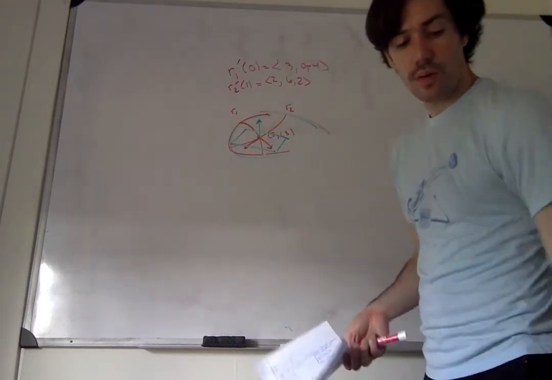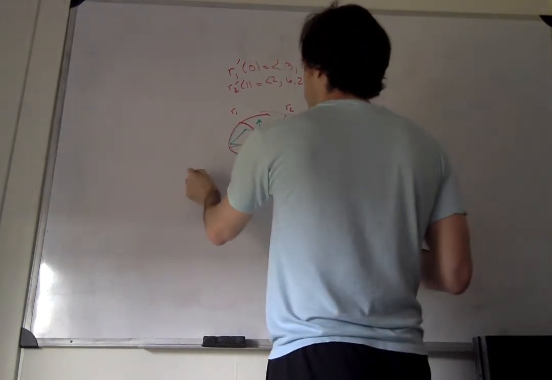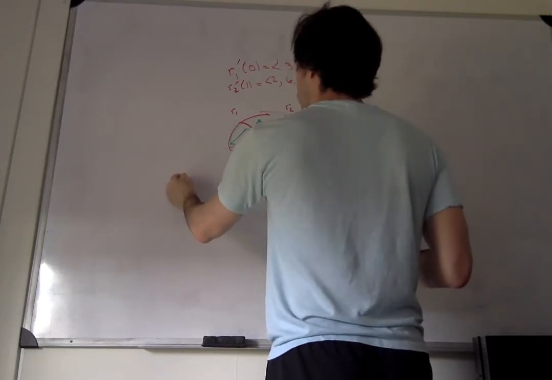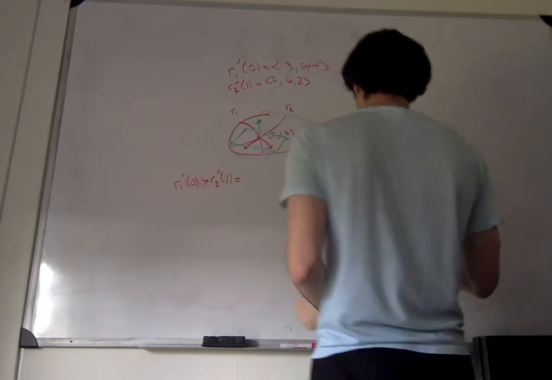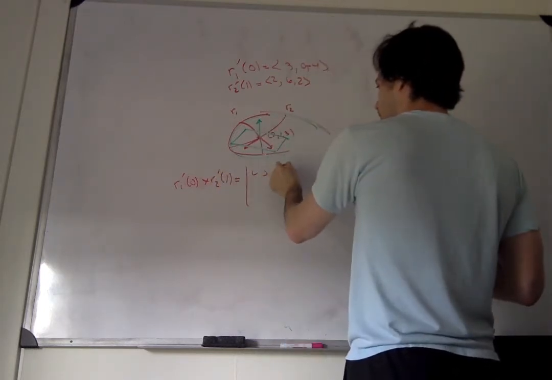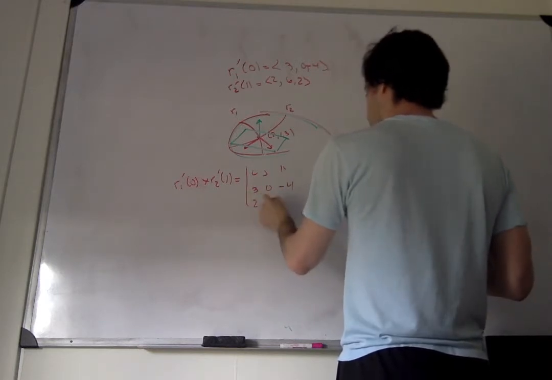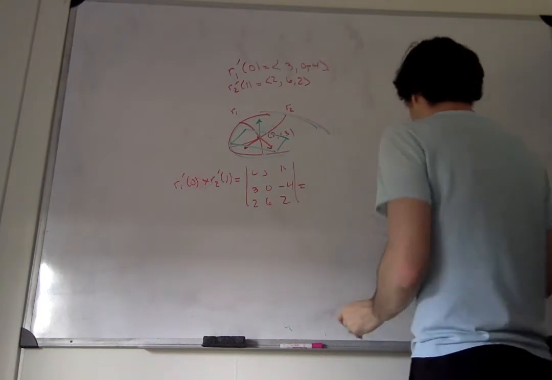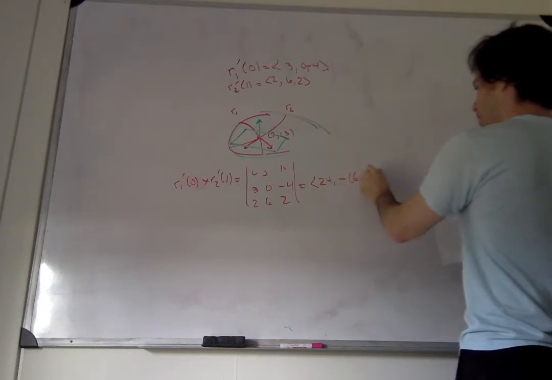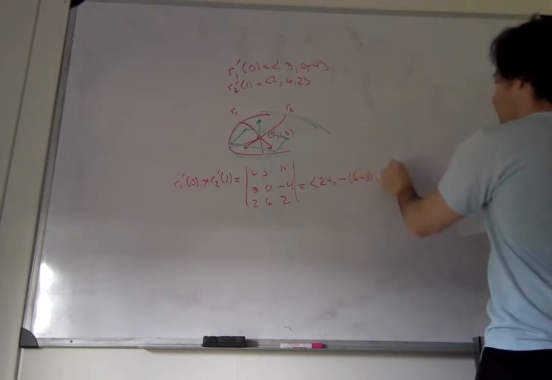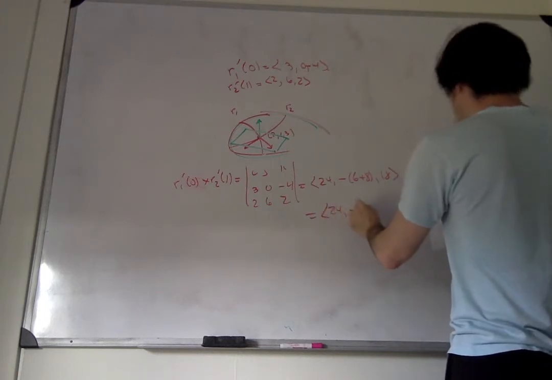So what is that very precisely? That is R1 prime 0 cross R2 prime 1, which is ijk, 3, 0, minus 4, 2, 6, 2, and you should get 24 minus 6 plus 8, comma 18. So this is going to be 24, minus 14, 18.